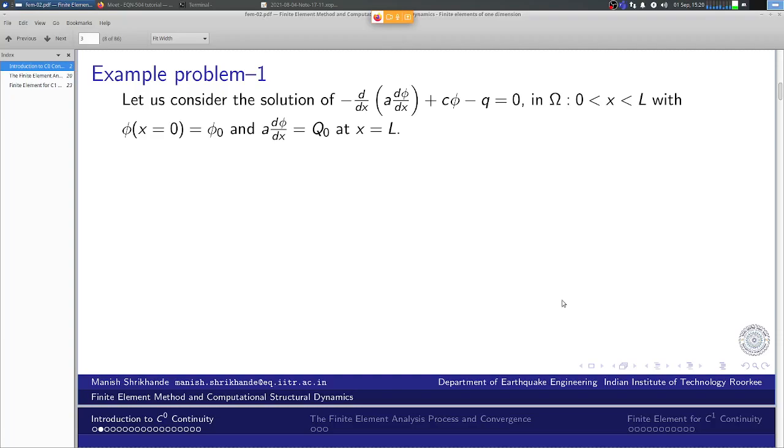The domain is omega, defined as x ranging from 0 to L, and the boundary conditions are specified, 2 point boundary conditions are specified as phi at x is equal to 0 should be equal to phi naught, and another boundary condition at x is equal to L, the other boundary point, is defined in terms of derivative, that is a d phi by dx is equal to q naught.